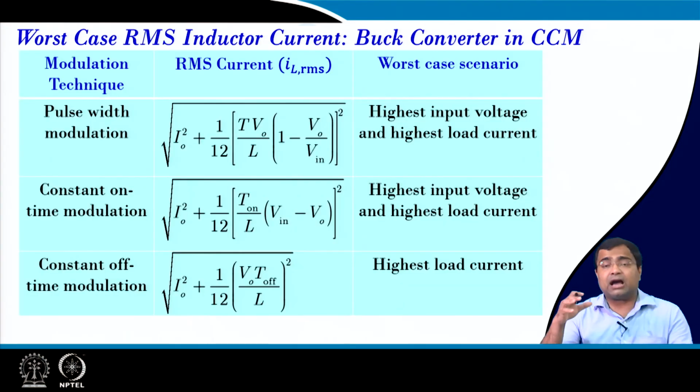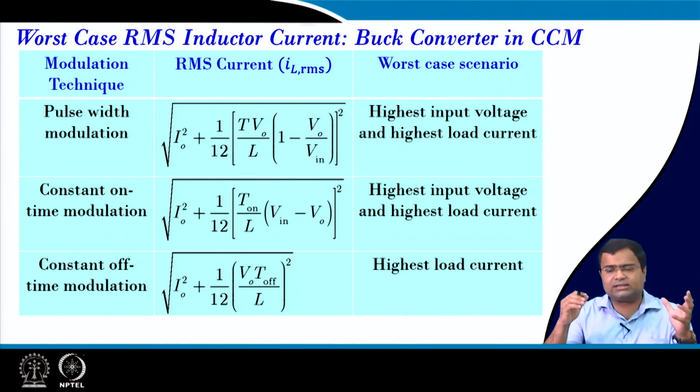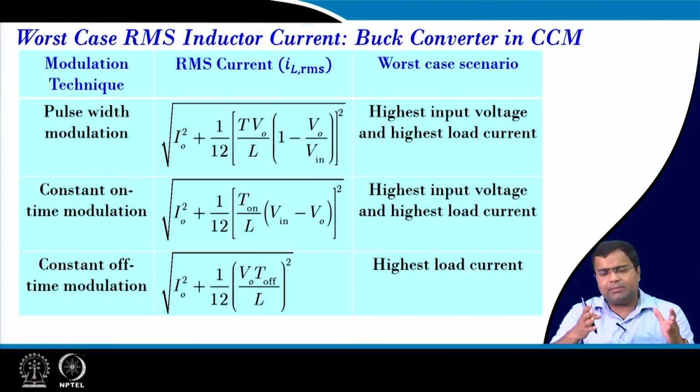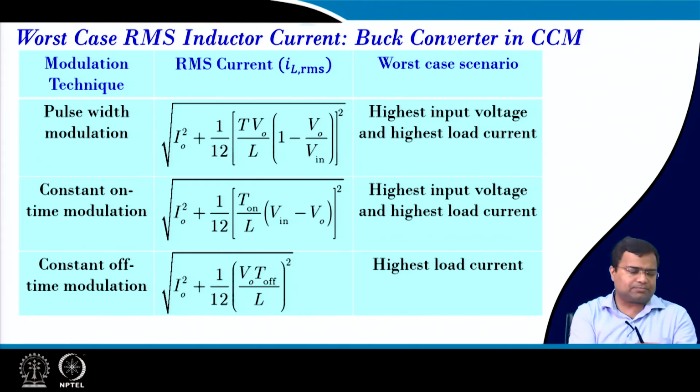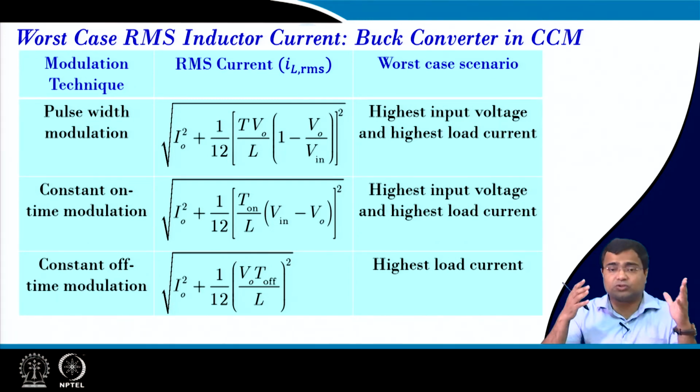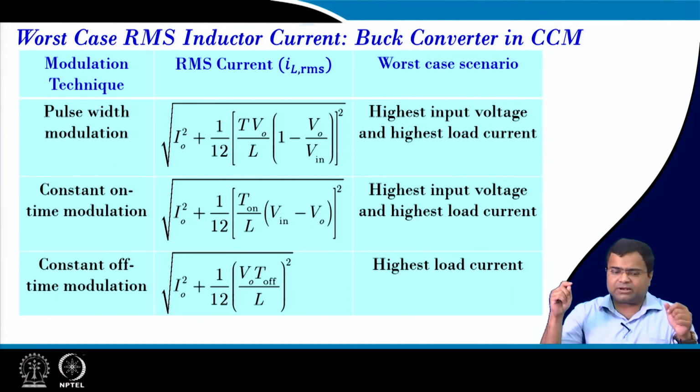Also we have discussed the RMS current worst case, and you will get the same result as for the ripple current, because we know for a buck converter the RMS current squared is nothing but the load current squared plus delta I_L squared by 12. So, if the load current is the same and the current ripple increases, then the RMS current will also increase.